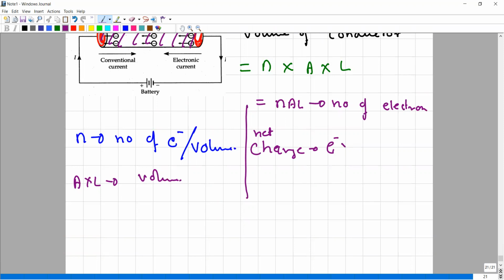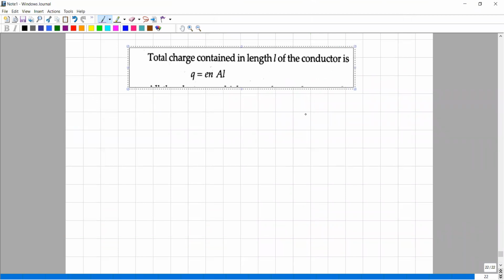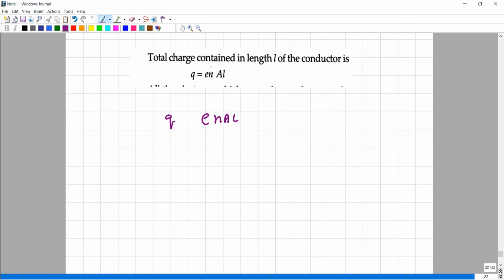So the total or net charge is equal to the charge of the electron into the total number of electrons, e n A L. So the total charge Q is equal to e n A L, and that is the charge that has flown.